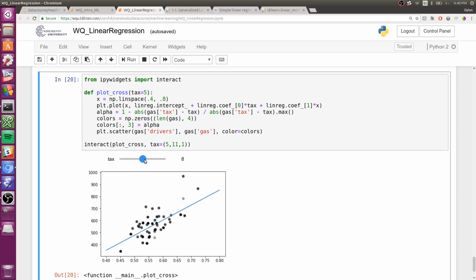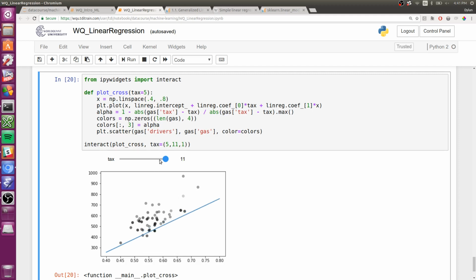As I change the tax value, some points become darker. These darker points have a tax rate closer to 8%. And I can go all the way up to 10. And these lighter ones were the ones that were dark. So if you, for instance, look closely at this one, that's a point that has a tax rate of 5 or 6%.